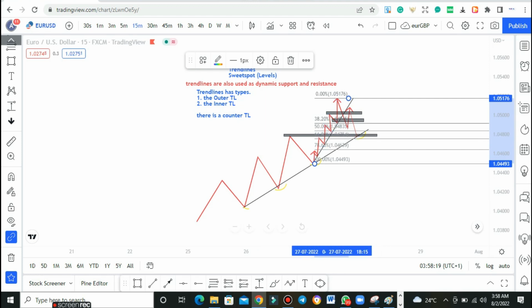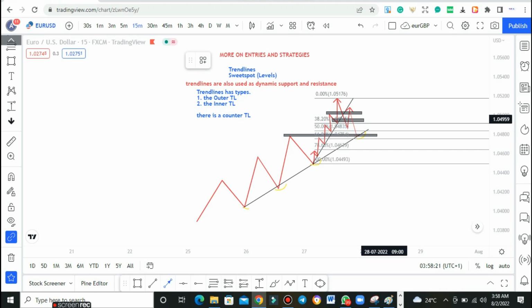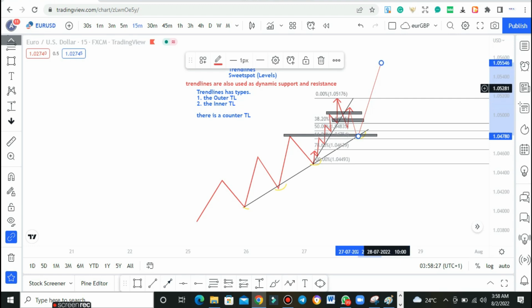Are you getting it? Then for price to now bounce off the trend line and keep going. I hope this is very, very clear. This is just the work of the outer trend line and the inner trend line. The same thing for the lower time frame. You will see this thing is very common in the chart. We will get into the chart, and I will show you what I am trying to say.